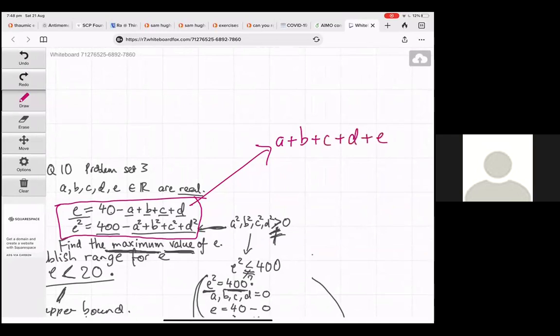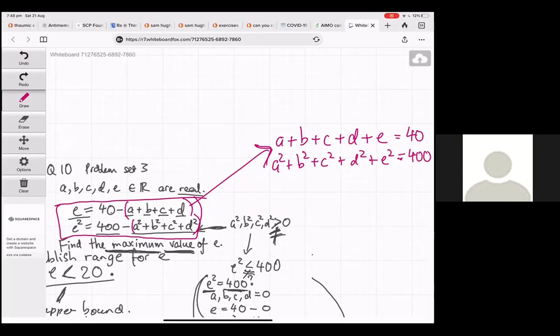So if I put everything on one side, a plus b plus c plus d plus e, I just get 40. And I also get a squared plus b squared plus c squared plus d squared plus e squared is 400.